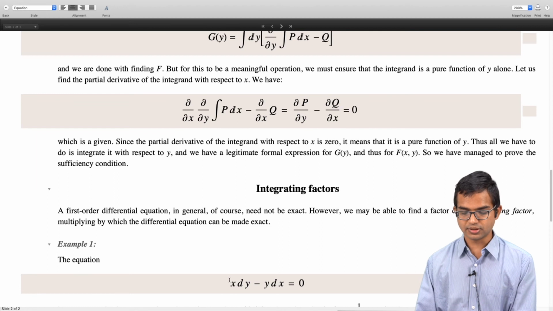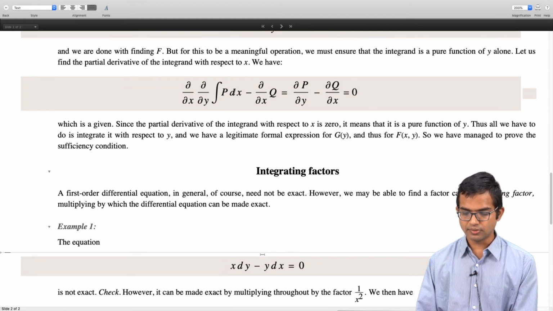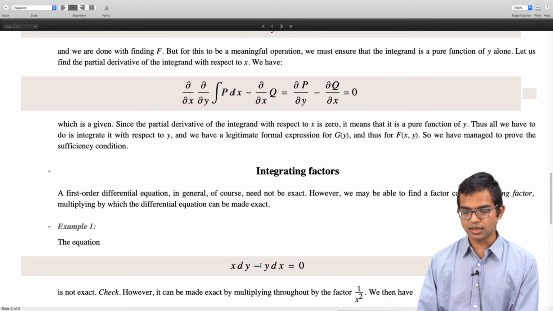If you look at this differential equation, it's not exact. Why is it not exact? You can take the y derivative of this term and the x derivative of this term. One of them will be 1 and the other one is minus 1, so it's not exact.